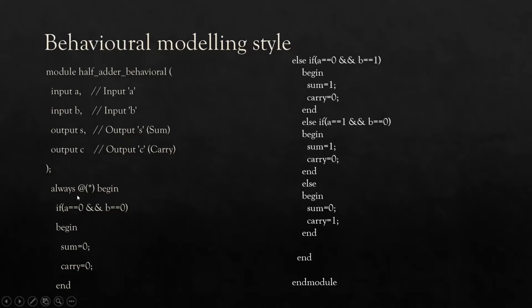The rest of the logic is the same, copied from the truth table. If A is 0, B is 0, sum is 0, carry is 0, and exactly the same for 0 1 and 1 0. The last one is else, with only one possibility, A equals 1, B equals 1, then carry will be 1 and sum is 0.